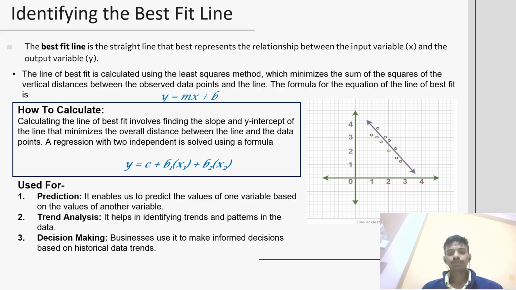We usually find it using the least squares method, which minimizes the sum of squared differences between the actual data points and the line. It's widely used for prediction. By calculating them, we calculate the slope and intercept that minimize the total error.